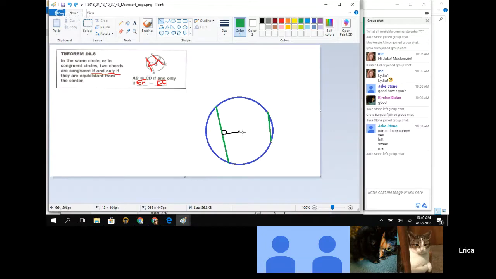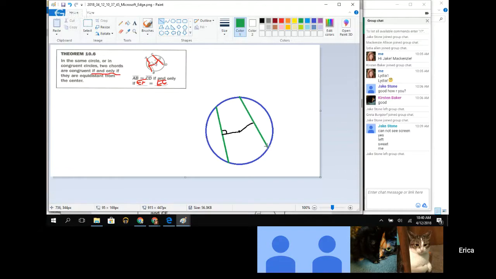first of all, just looking at them, you know that these two aren't congruent to each other. But look at the distance from the center to this chord is way different than the distance from the center to this chord. But if I'm a little more reasonable and I say, I'm going to make it about the same distance from the center to my next chord, so I'll make it from here. It's about the same, right? And then I go to draw my chord at a right angle.